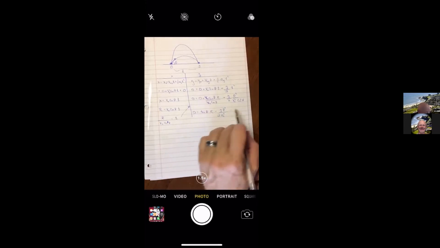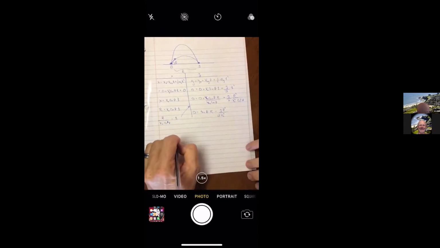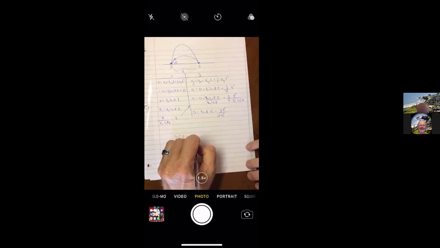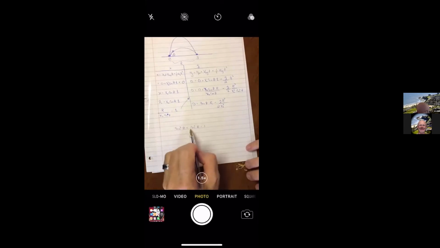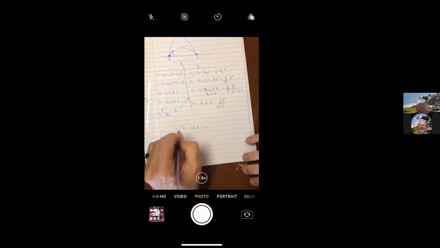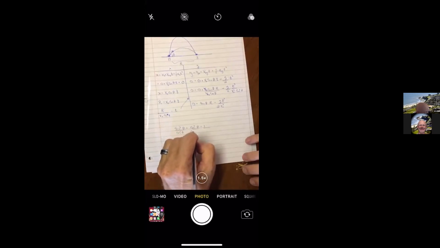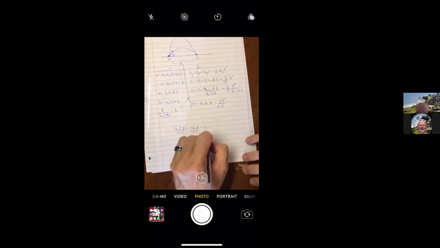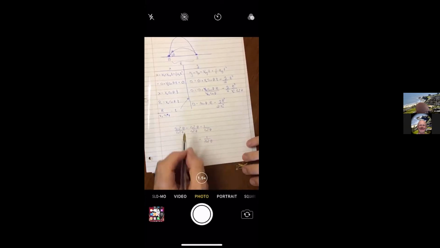And fortunately, if you remember one of your trig identities, it's called the Pythagorean Identity, says that a sine squared plus a cosine squared equals 1. So if you start there and divide everything by cosine squared, on the right-hand side, I get 1 over cosine squared.